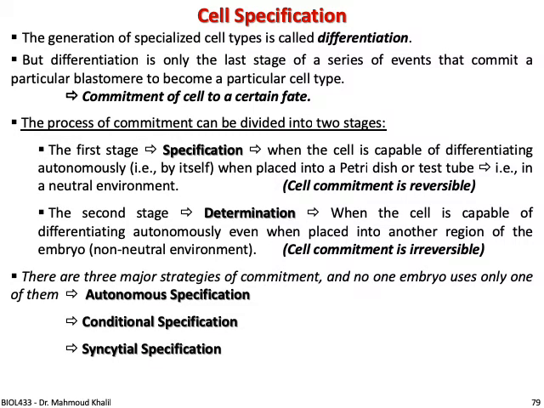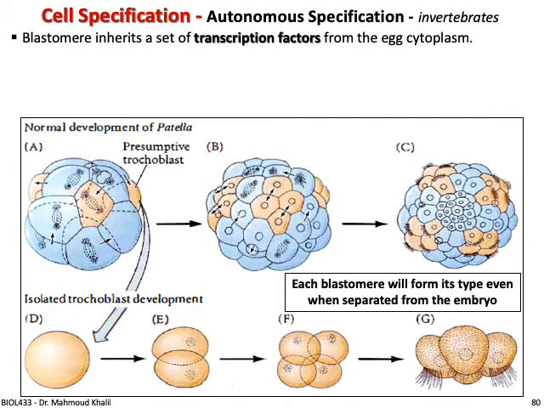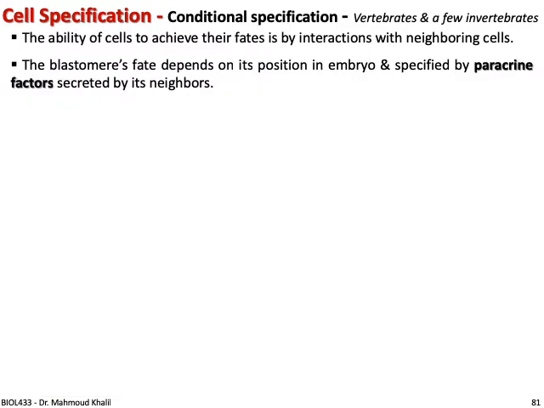There are three major strategies of commitment that the embryo can use: autonomous, conditional, or syncytial specification. For autonomous specification, which occurs mostly in invertebrates, the blastomeres, as we said before, inherit a set of transcription factors that exist in the egg cytoplasm.